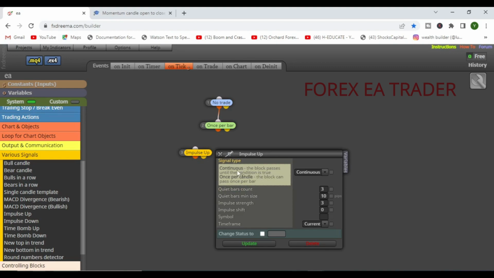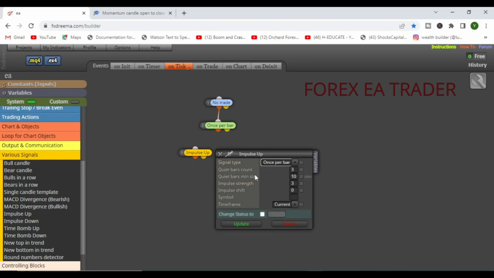Continuous means the block passes until the condition is true. Once per candle, the block can pass once per candle. So you choose what you want to use. You can always tweak everything according to your liking. I'm just using once per bar.